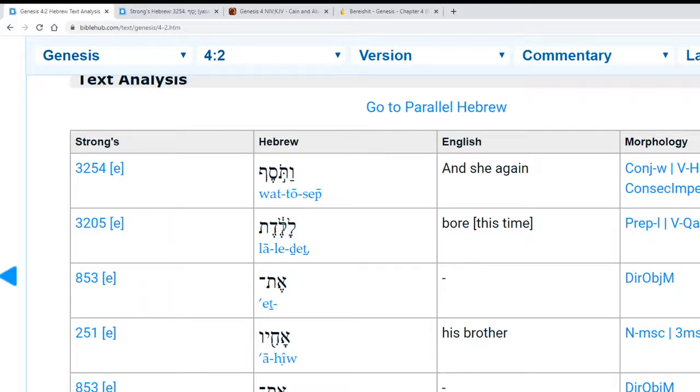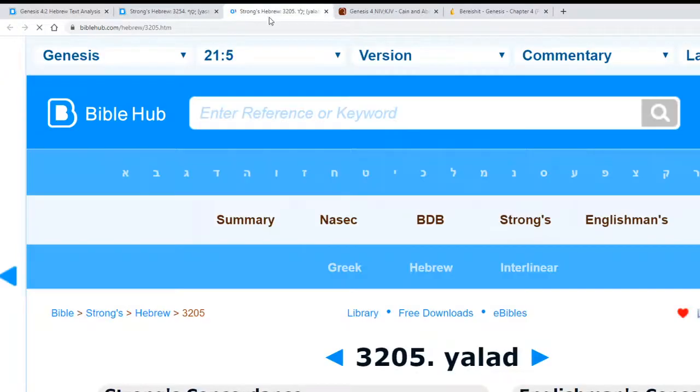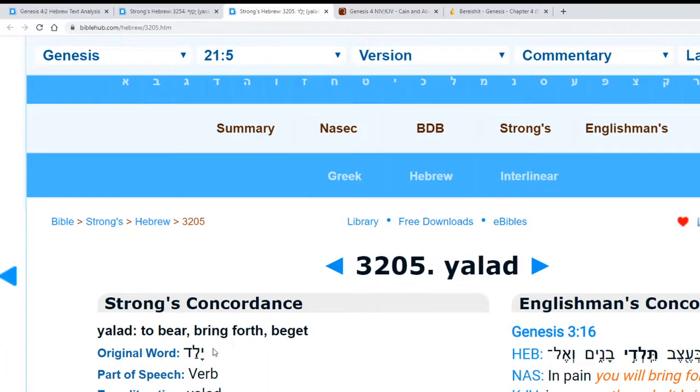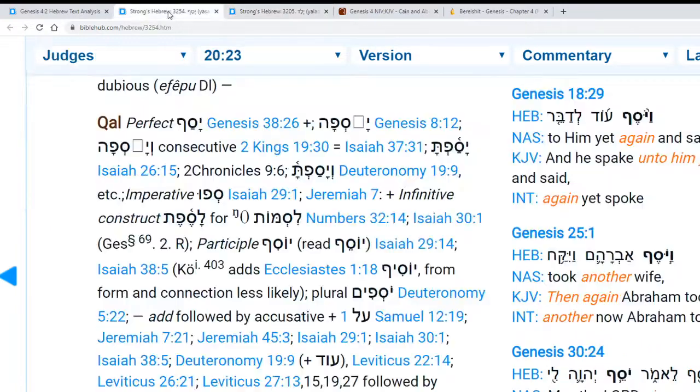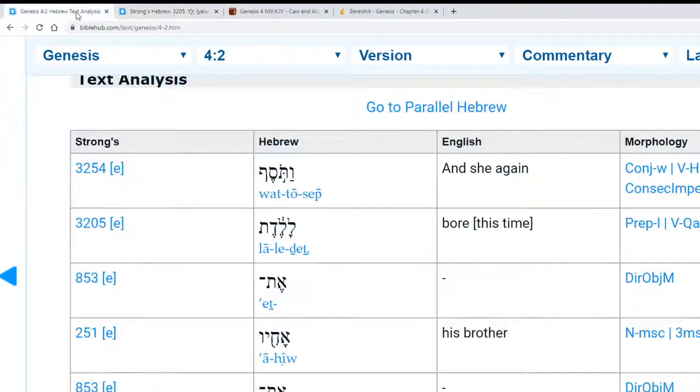And now I don't understand how you can say that it's an infinitive of laledet, when the first radical is a yud, the second is lamed, the third is dalet, but at the end of this infinitive there's a tav.